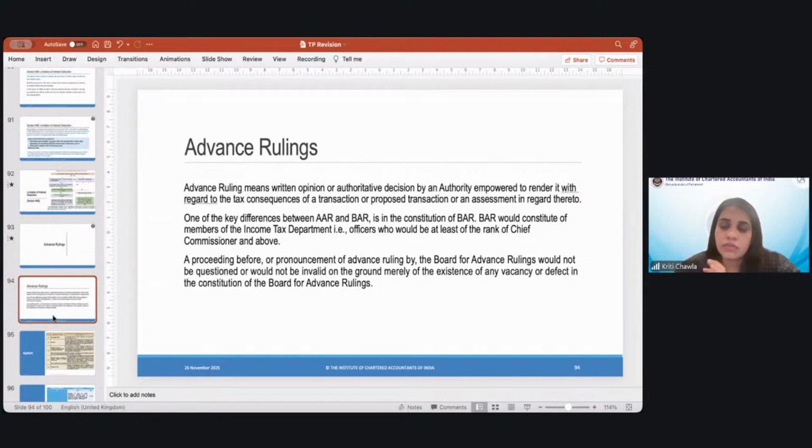And even if there is any vacancy or defect in the constitution of the Board for Advance Ruling, any pronouncement or ruling that they give, or any proceeding, will not be questioned or invalid just because there was a vacancy in the BAR.